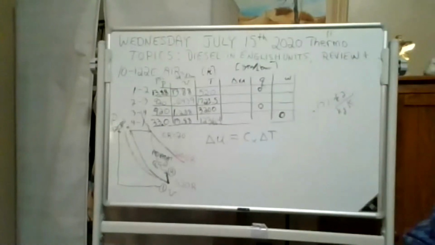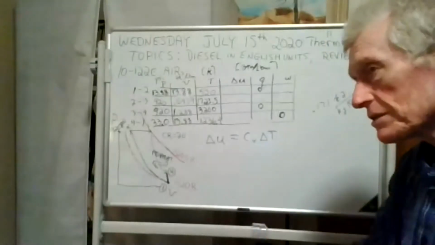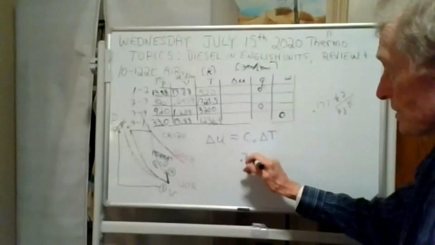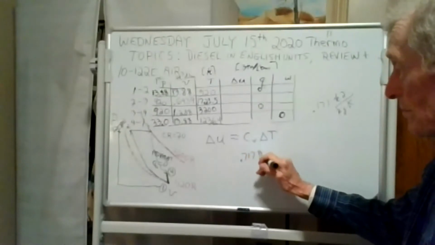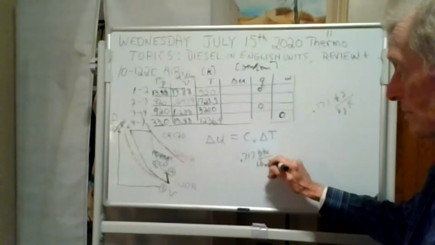If you're in English, you don't use SI. What this is, if I remember right, I think it's 0.717 BTUs per pound mass Rankine.